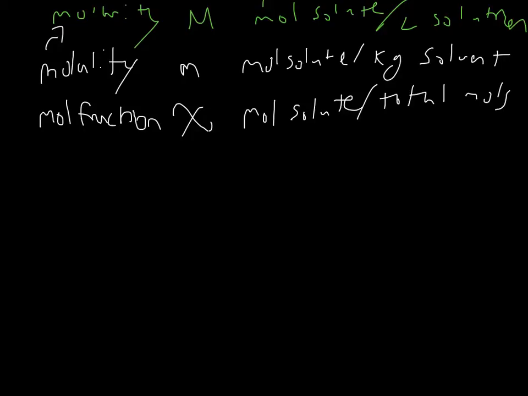Might be able to solve for what solvent you have based on its mass and its amount of moles, what you would get from the mole fraction and the molarity, and then that would let you analyze what elements or what molecules the solvent is made up of.